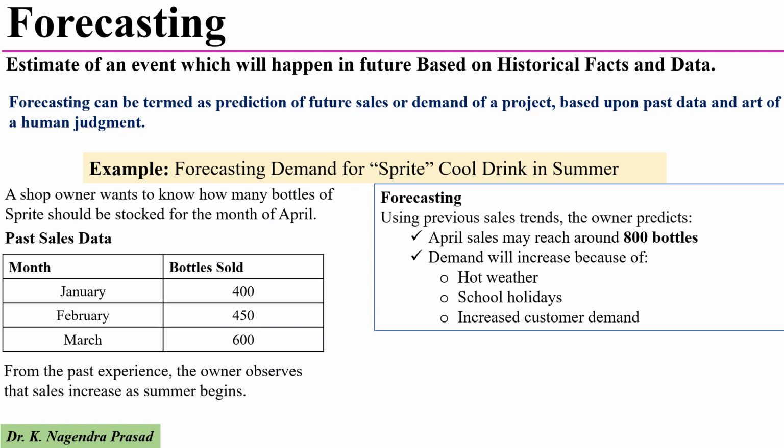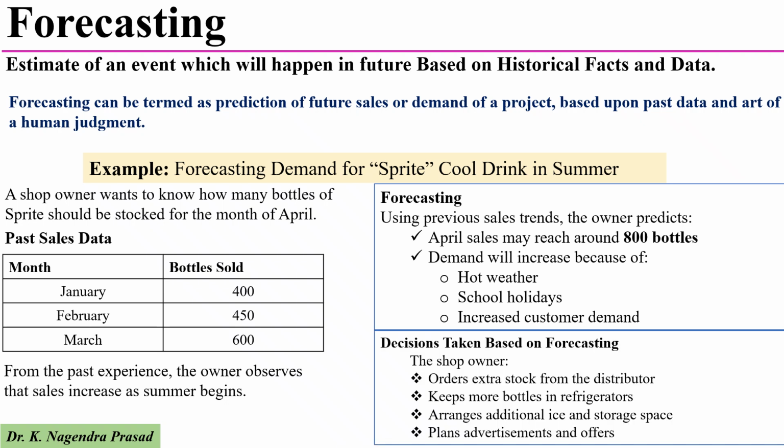So demand will increase because of hot weather, school holidays, and increased customer demand. Based on the forecasting, the shop owner orders extra stock from the distributor, keeps more bottles in the refrigerator, arranges additional ice and storage space, and plans for advertisement and offers.